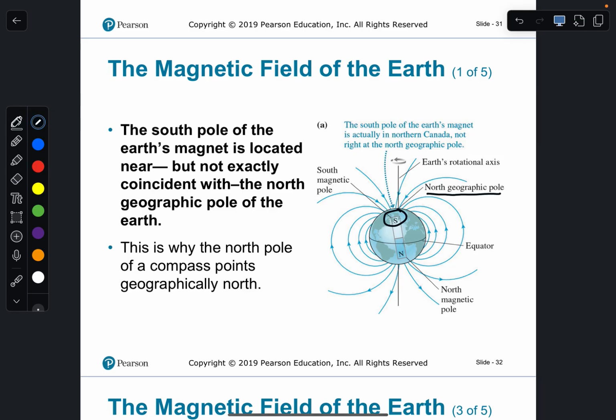The South Pole is actually located near the geographic North Pole. This is why the North Pole of a compass points geographically north, even though we know that the compass points towards magnetic south, as we saw with our physical magnet that has a north and a south. It points towards geographic north, which is magnetic south. All right?